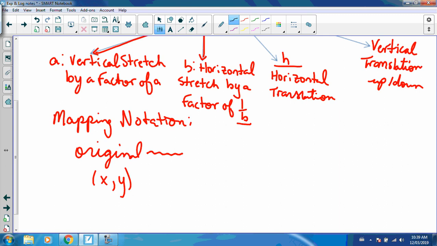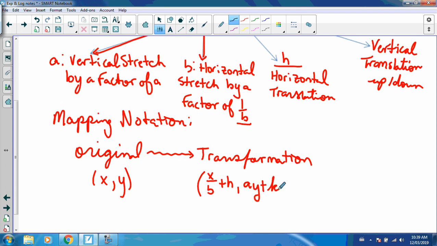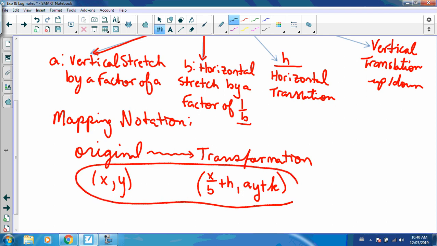And then we use our mapping notation to find the points on the transformation. The rule is that x becomes x over b plus h, and y becomes a y plus k. So this is going to be really important for what we're going to do next, and you've seen that a lot already. So let's go to it.